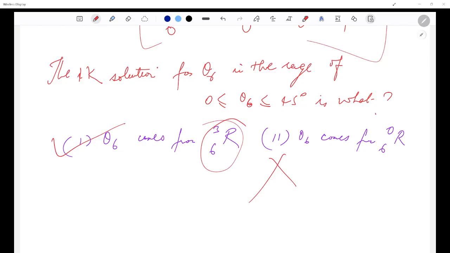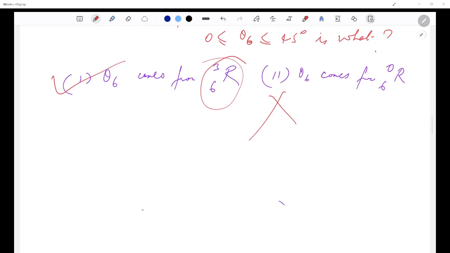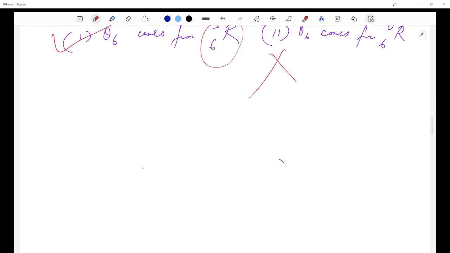Okay, so let's proceed step by step. The most important thing is writing. So we want to find this, and this comes by the properties of rotation matrix, right, that R inverse is equal to R transpose and all of that.